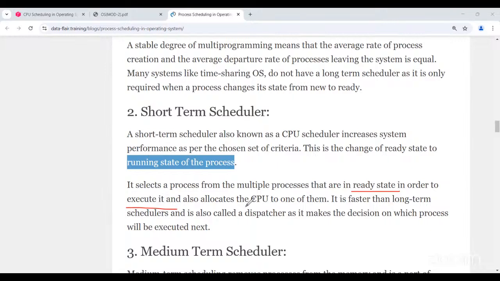And it also allocates the CPU to one of them.